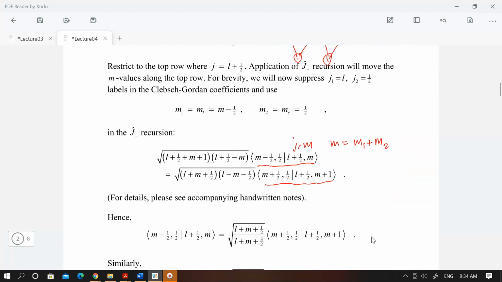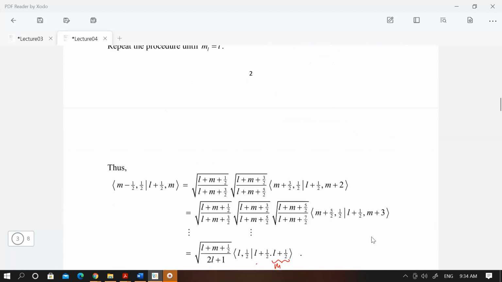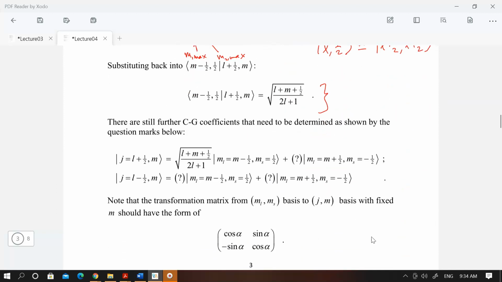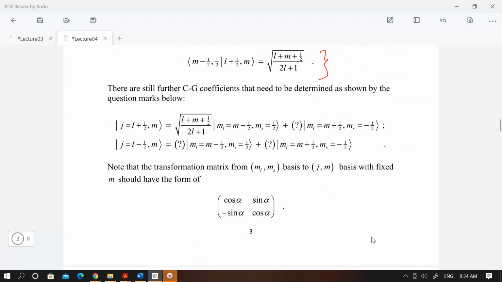So what one can actually do is use another convention, saying that whatever m you have over here, it has to come from m minus a half and a half, or m plus a half and minus a half.